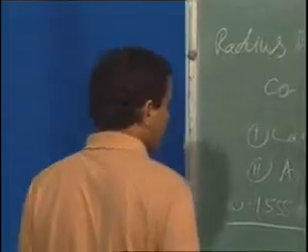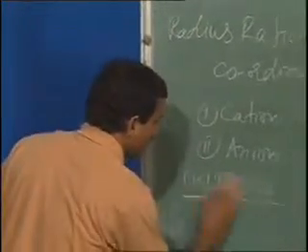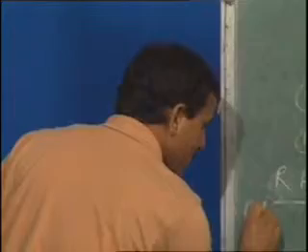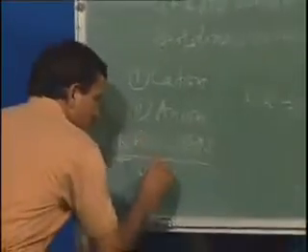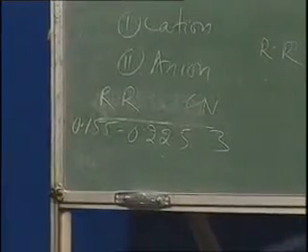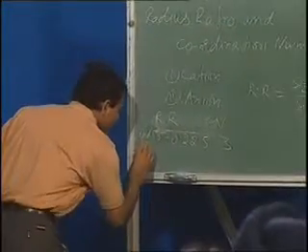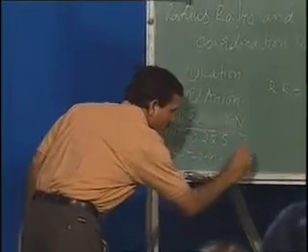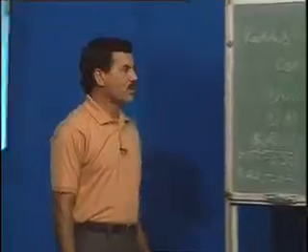And if we relate radius ratio to the coordination number, the relation is like this. Let us see the radius ratio, coordination number. If the value lies between 0.155 to 0.225, the coordination number is 3. If radius ratio value lies between 0.225 to 0.414, the coordination number is 4.